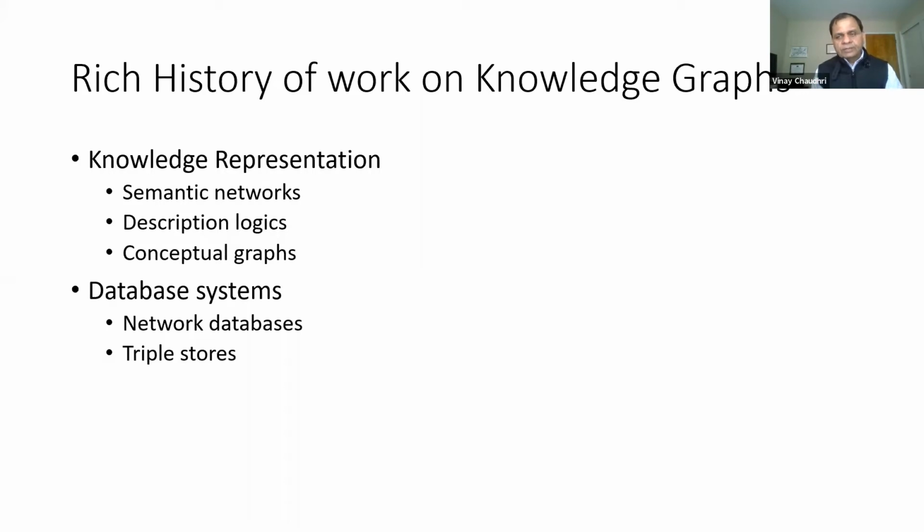But perhaps the most relevant work to knowledge graphs is the work on triple stores, where people are trying to investigate techniques when the data model is essentially a set of triples, right? So the point here is that this enterprise of capturing meaning or storing information as triples has a rich history. There is, by itself, nothing new in it.